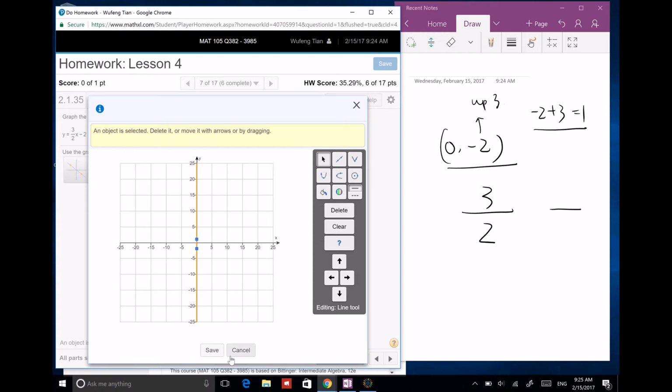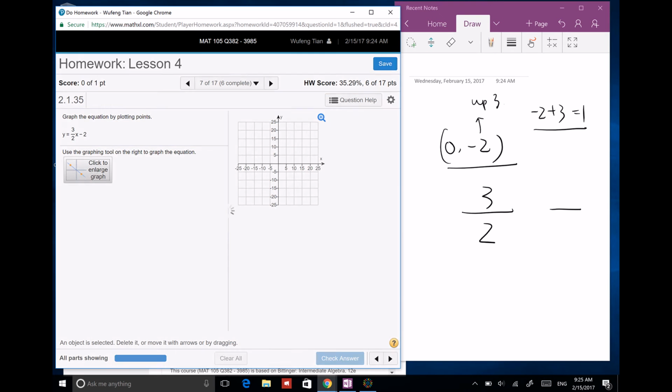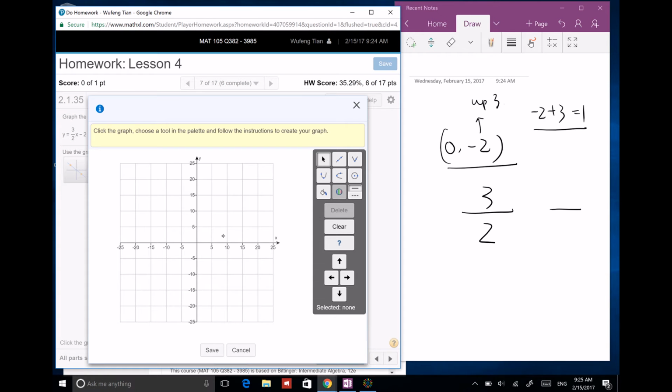Oh no, it's not here. Starting from 0, negative 2, then rise over run. So go up 3 units, go right 2 units. Okay, go to here. Alright.